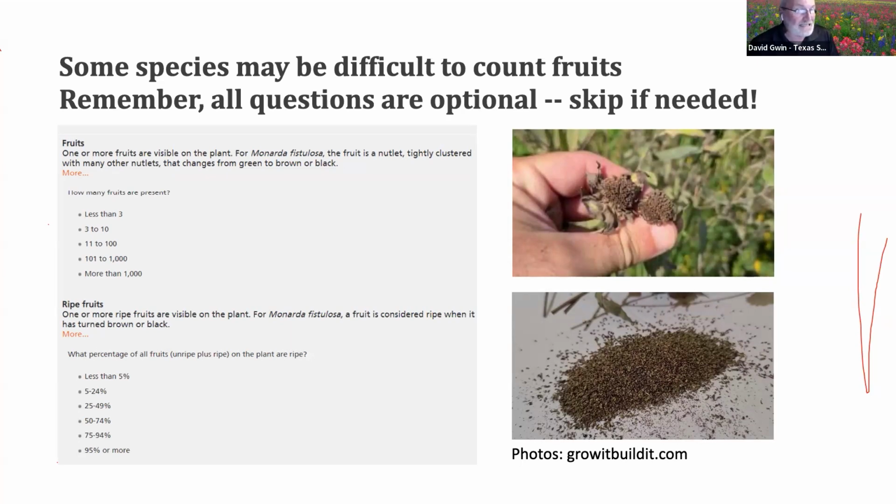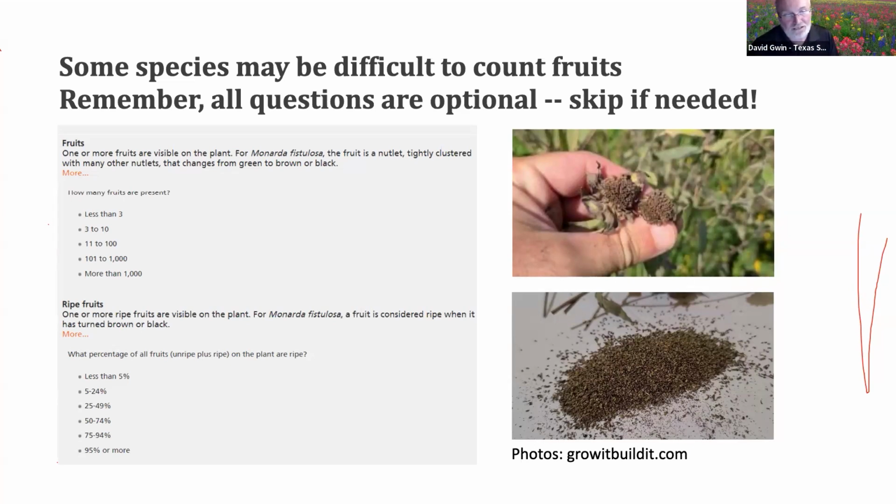But there are others like this Monarda species, Fistulosa is what this species is, they do not produce seed, they produce what's called nutlets. And all of those are seeds. And so you can very quickly see that estimating the number of seed could be impossible, right? This is impossible to estimate.